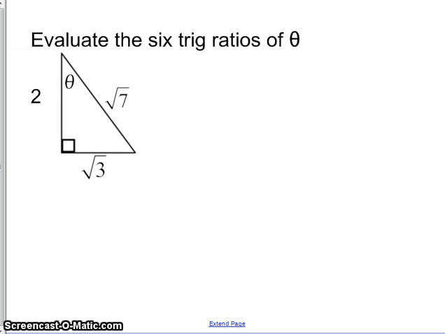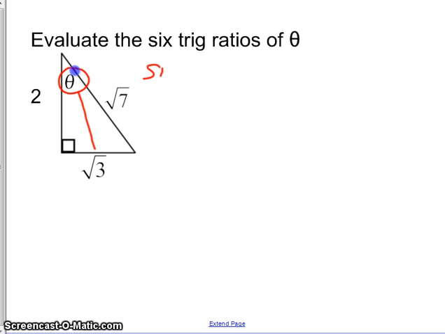All right, so now with this problem, we've got some radicals, which means we're going to have to rationalize. It's very normal, of course, because of Pythagorean's theorem, to have radicals as your side lengths. All right, so sine of theta. Now, where is theta? Theta doesn't always have to be in that same reference spot. So in this case, theta is in a different position than we're used to. So if I'm looking for the opposite, I just have to say, well, it's across from, not one of the 2 adjacent sides.